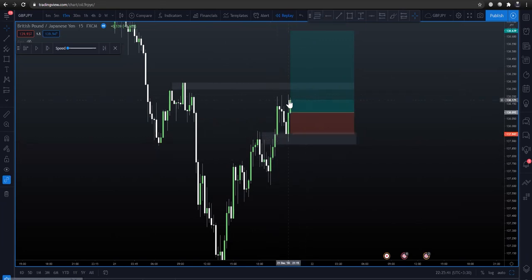Do we have a new high in that candle? There is no new high in that candle, guys.